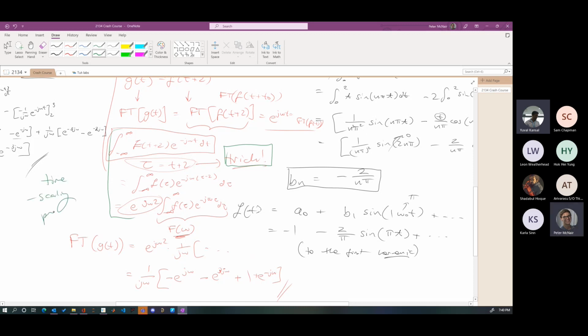You just have this change of variables, pull out the e to the j omega 2, and that's that. Oh, this is actually the time shift property. Time scaling property is another one. Oh, time shift, beg your pardon. Thank you. I forget the names.